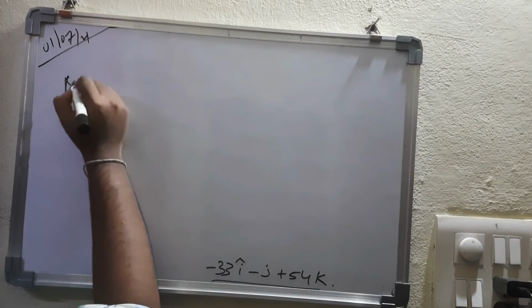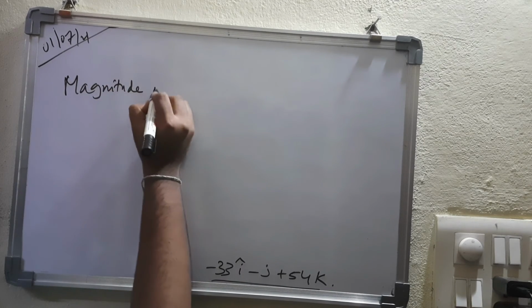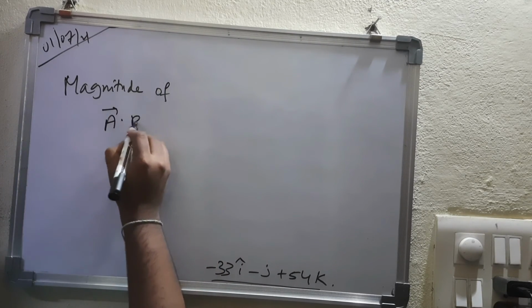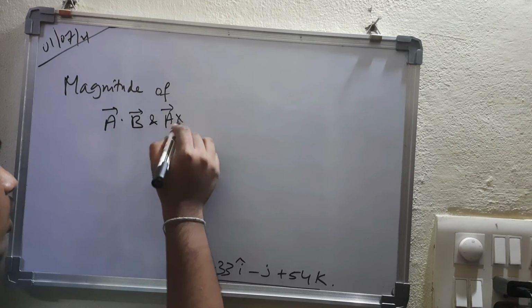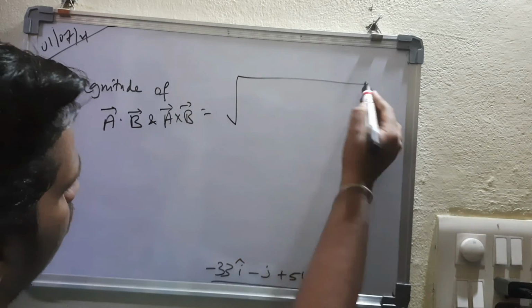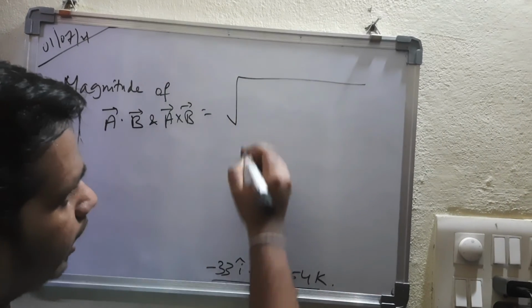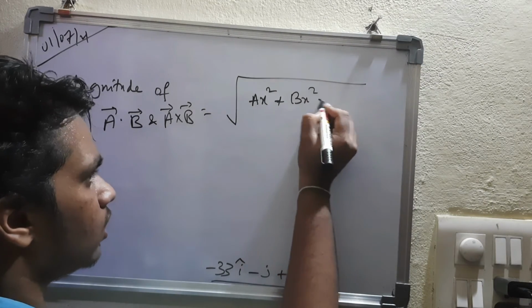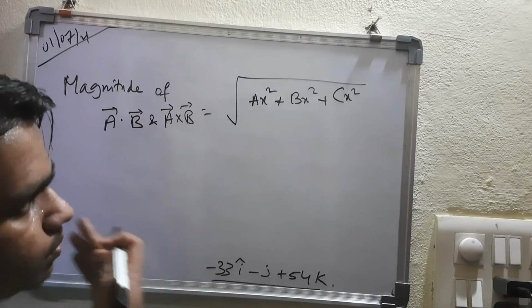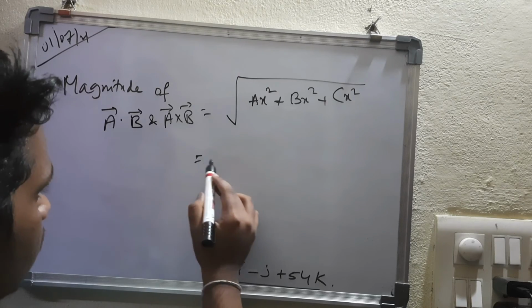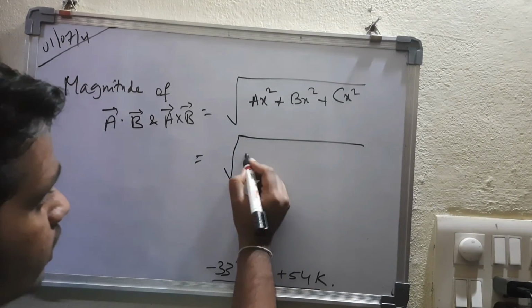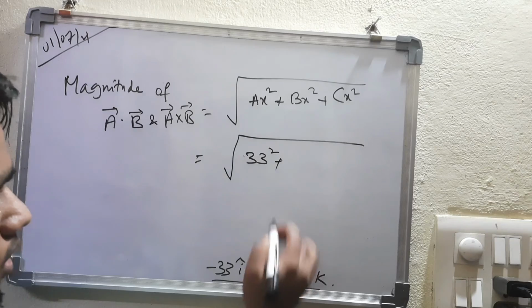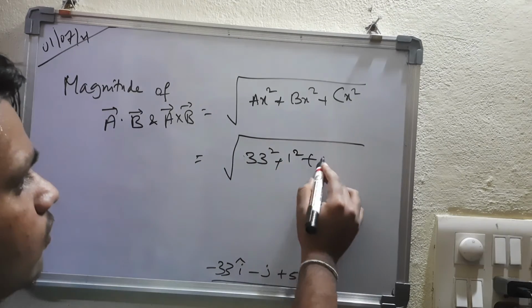That is, the magnitude of A dot B and A cross B goes like under root of ax square plus bx square plus cx square, equals under root of 33 square plus 1 square plus 54 square.